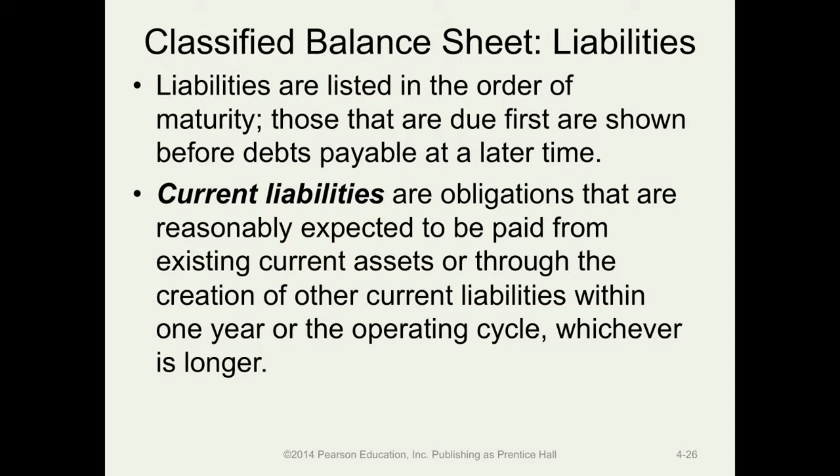Now, current liabilities, as I defined earlier on the whiteboard, are obligations that are reasonably expected to be paid out of current assets or creating current liabilities, whichever is longer. We know that they are due and payable within 1 year or operating cycle, again, whichever is longer.